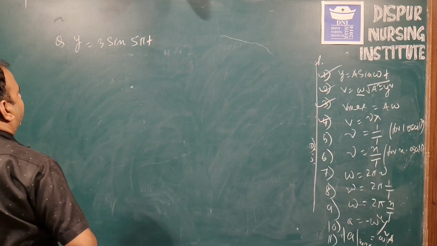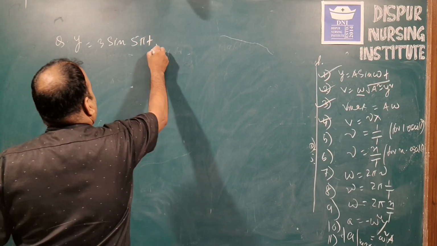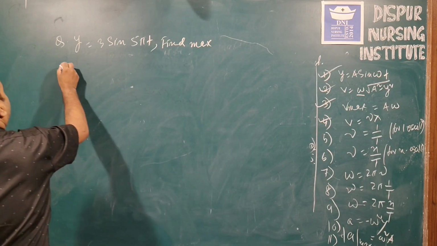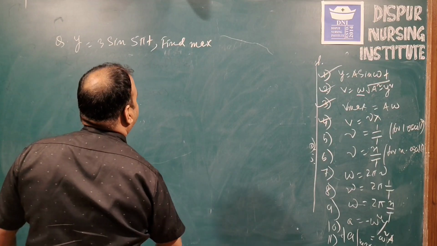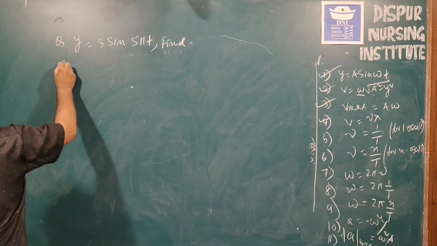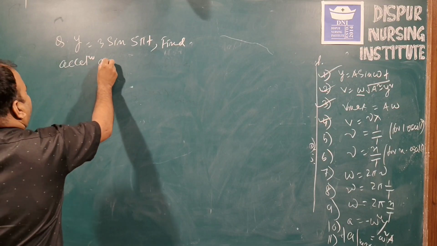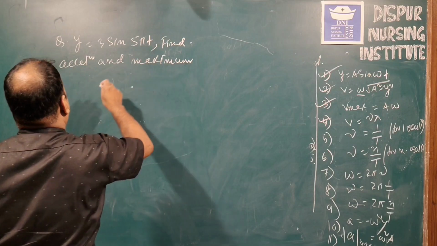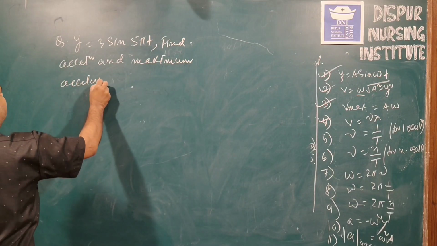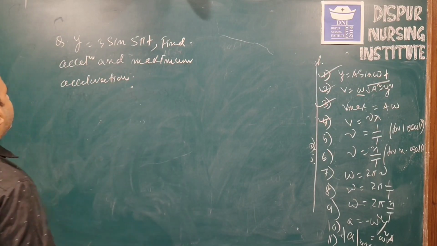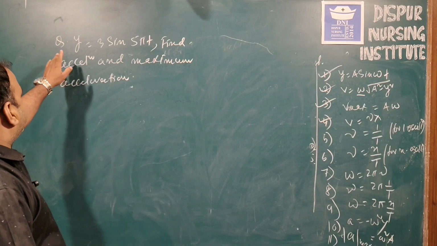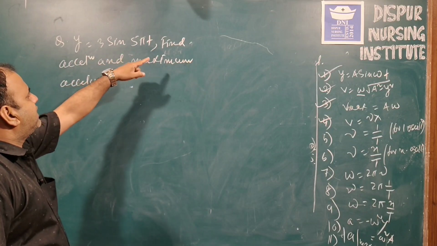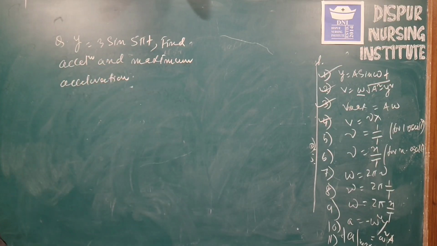In short, find the acceleration and maximum acceleration. We have to calculate it. In short, I have given the question: if y is equal to 3 sin 5 pi t, find the acceleration and maximum acceleration.